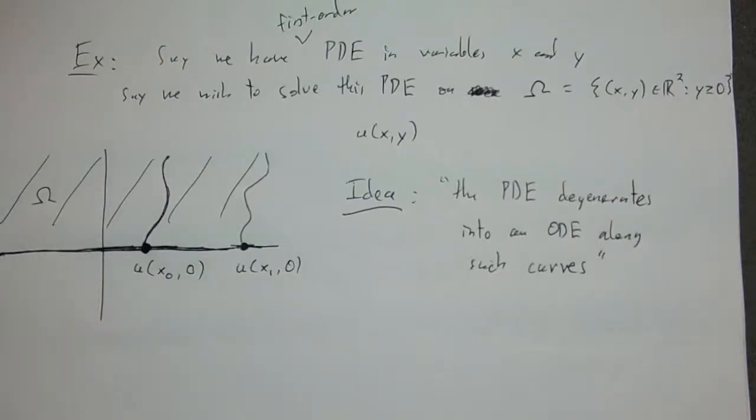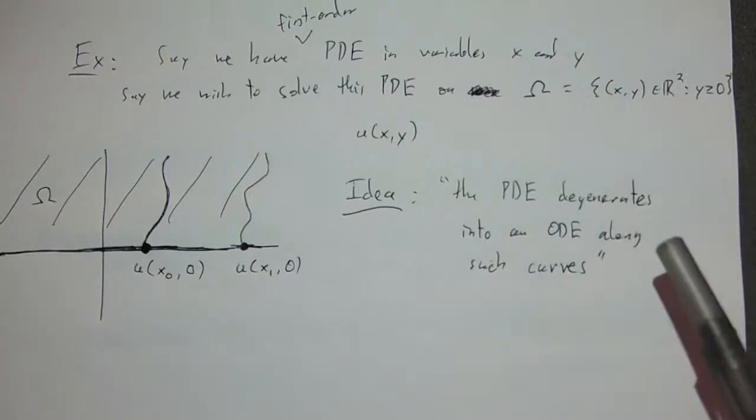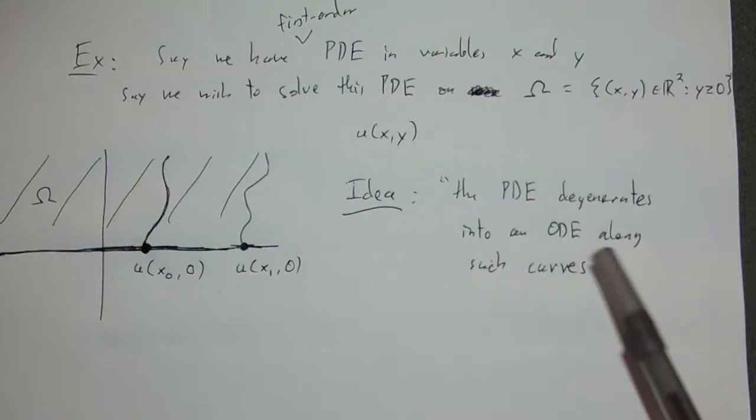That is to say, if we can find curves having this property, then we could say, in a sense, the PDE degenerates into an ODE along such curves.